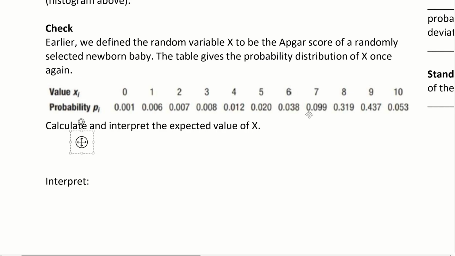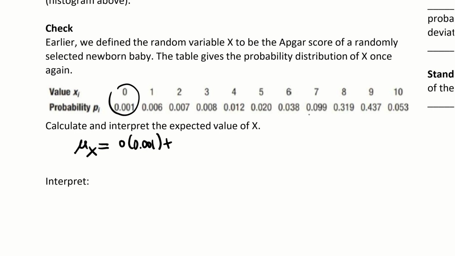The expected value of the random variable x is, remember, the sum of when you multiply. So we have 0 times 0.001 plus 1 times 0.006 plus 2 times 0.007 plus and so on.